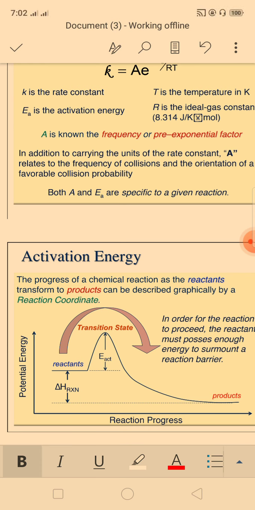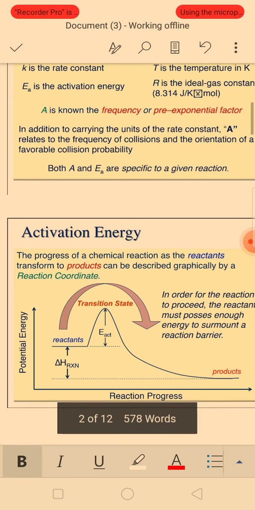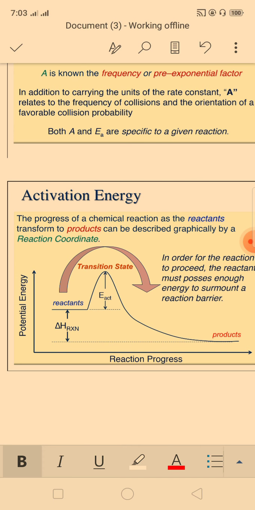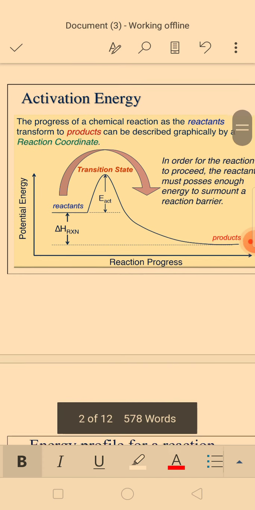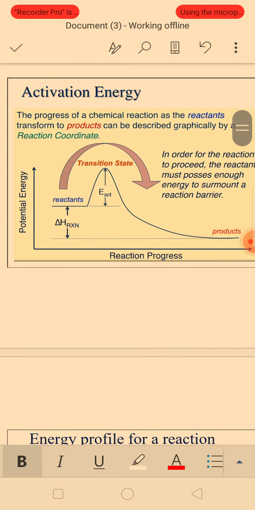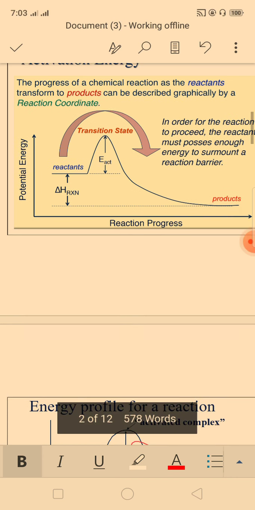Then after the transition state, the reactants are converted into product, and this takes place in an exothermic reaction, and the difference between the reactant and product energy is actually the energy evolved in the exothermic reaction. Reaction progress is shown in the diagram.